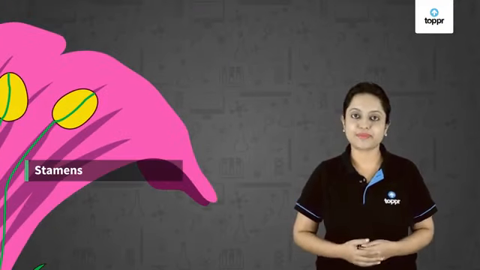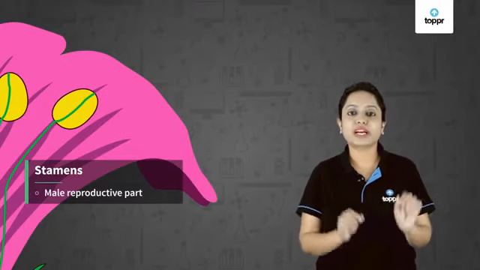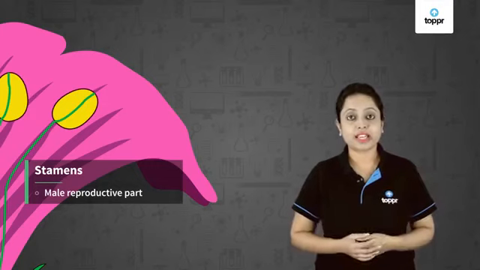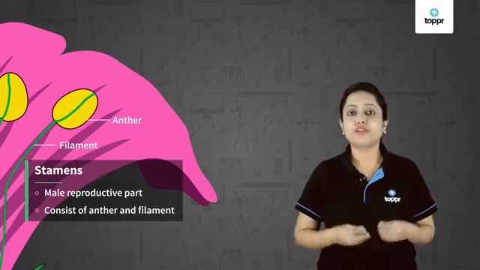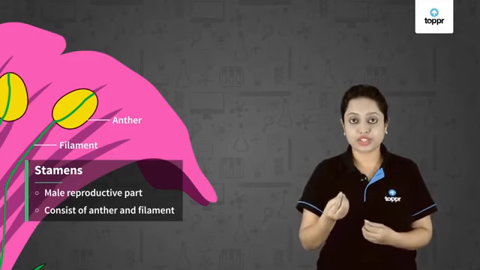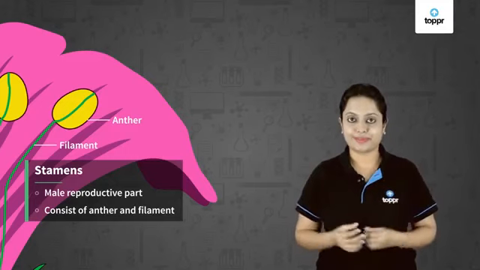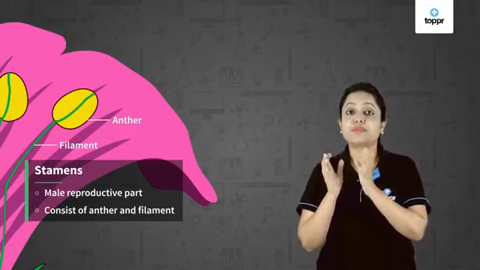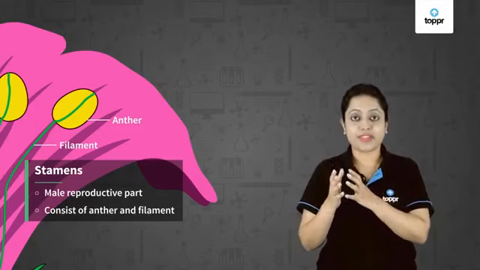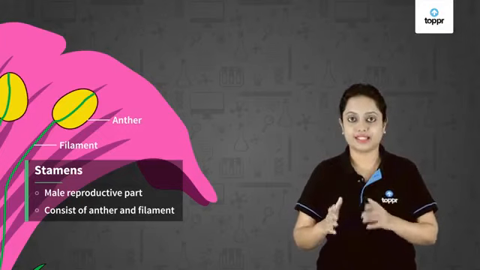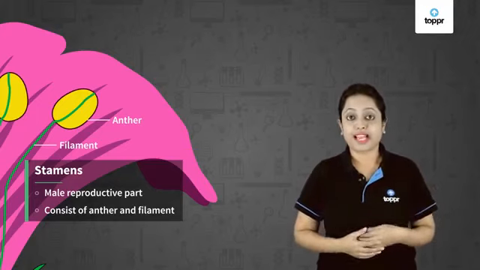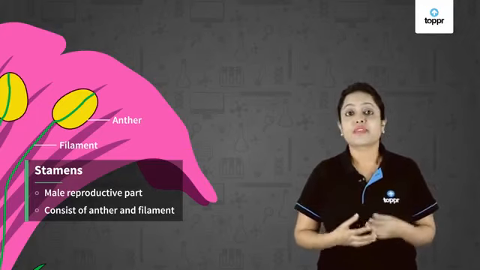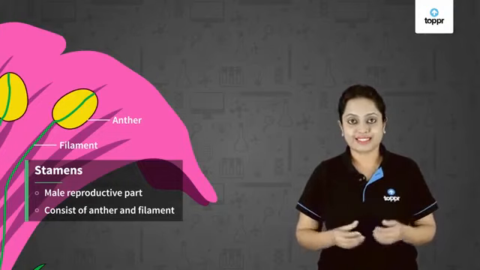Next, stamens. These are the male reproductive part of the plants. They consist of filament and anther. Filament is a slender-like structure which supports anther. Anther is present on the filament and it contains pollen grains. Pollen are yellow in color and these pollen grains form male gamete.